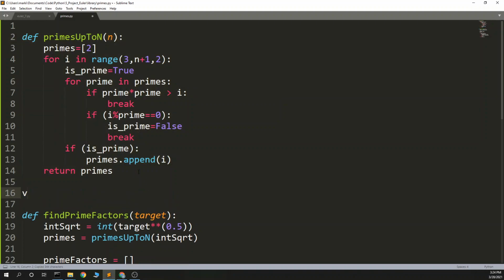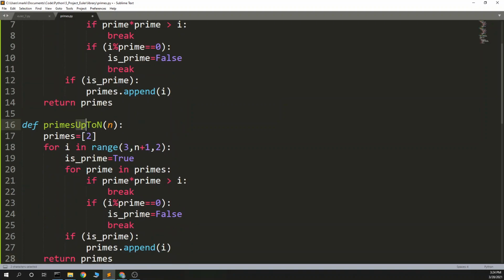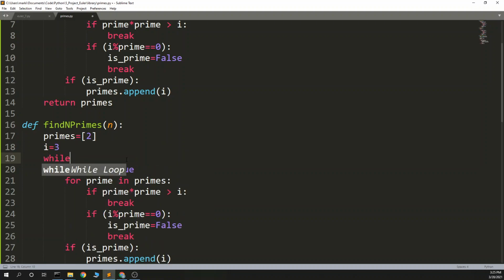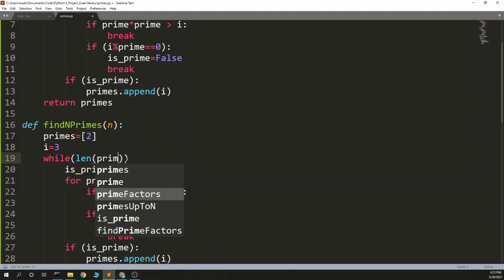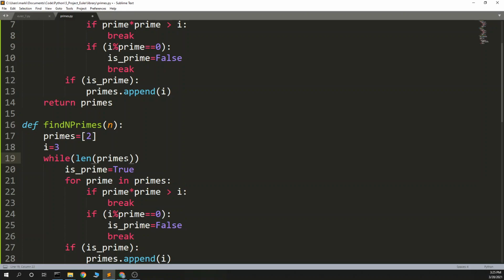Find n primes. Let's see, i equals 3, while the length of primes is less than n.